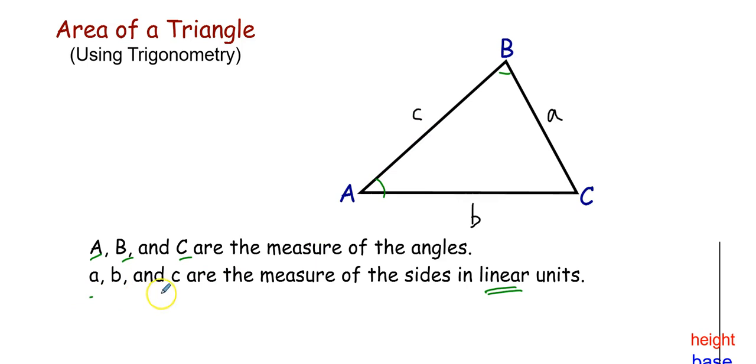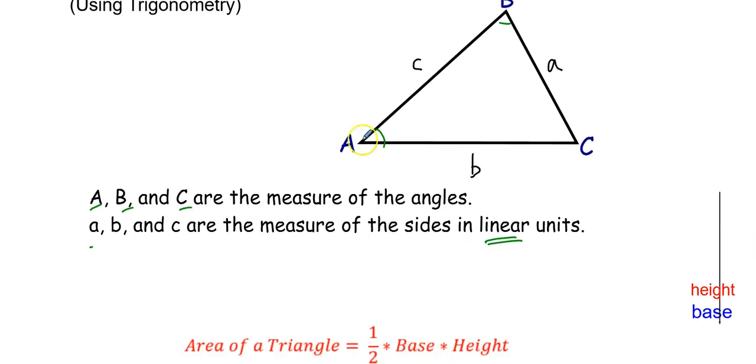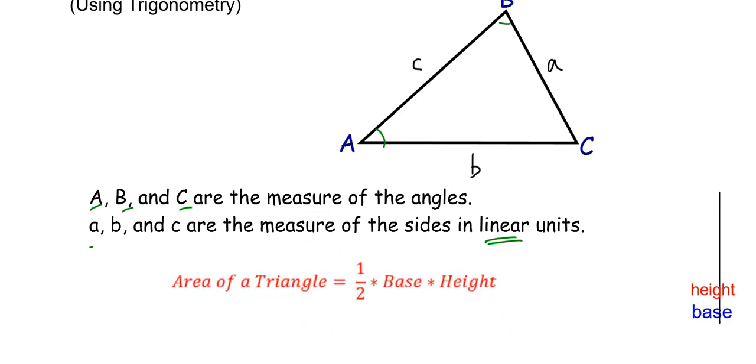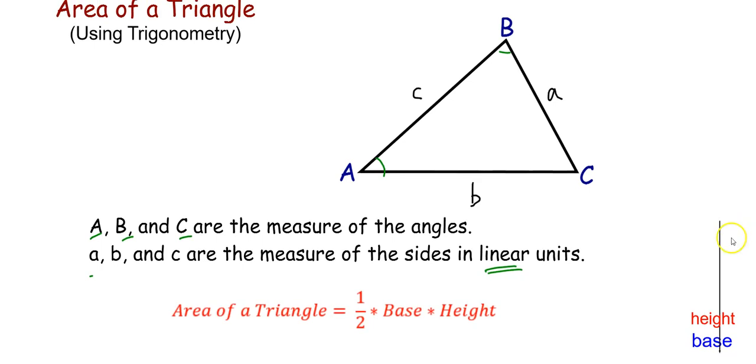So lowercase a, b and c are the measures of the sides, and capital A, B and C are the measures of the angles. Usually they are given in degrees, and whatever units we have, that's fine. Now we know that the area of a triangle is equal to half times the base times the height.